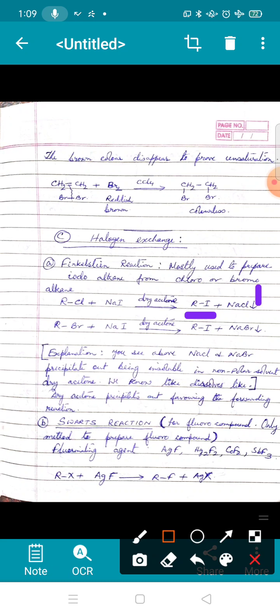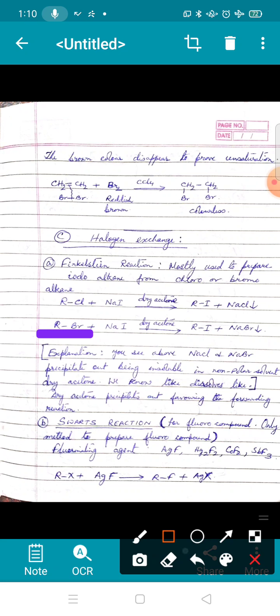What does this down-headed arrow mean? It means it is solidifying. That means it becomes precipitated. It is insoluble. Similarly, if we take RBr and you add NaI, the same thing will happen. RI and NaBr will be formed, and NaBr being insoluble in dry acetone, this also will precipitate out.